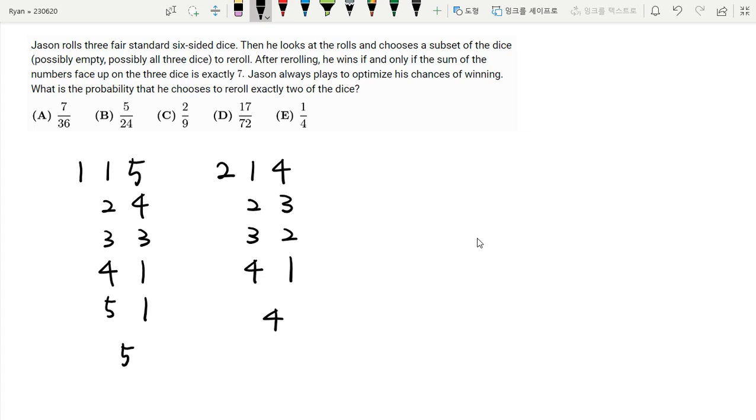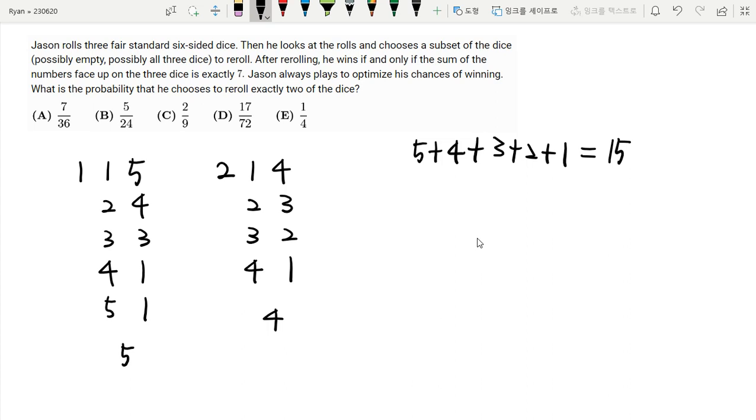So we can make the sum of 5 through 1. So what's the sum of these 5 numbers?